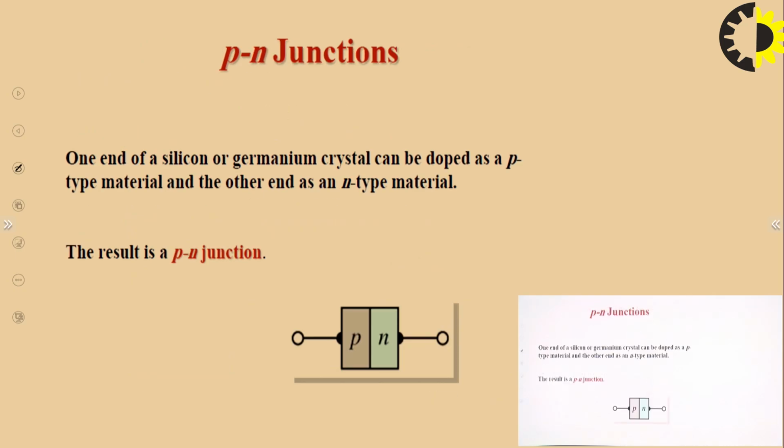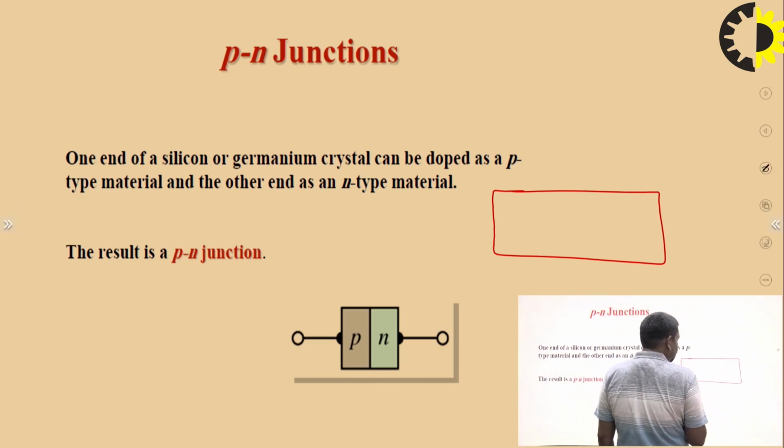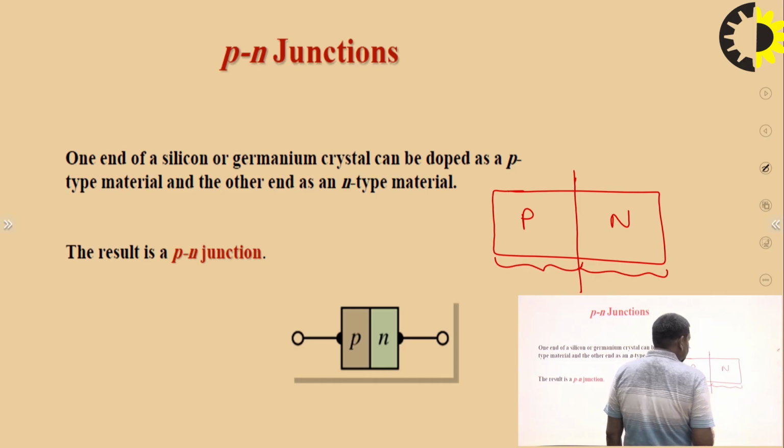The first application of semiconductor physics is the PN junction diode. What is the meaning of PN junction? We take an extrinsic semiconductor and divide it into two parts, P type and N type. This portion is doped P type, and this portion is doped N type.